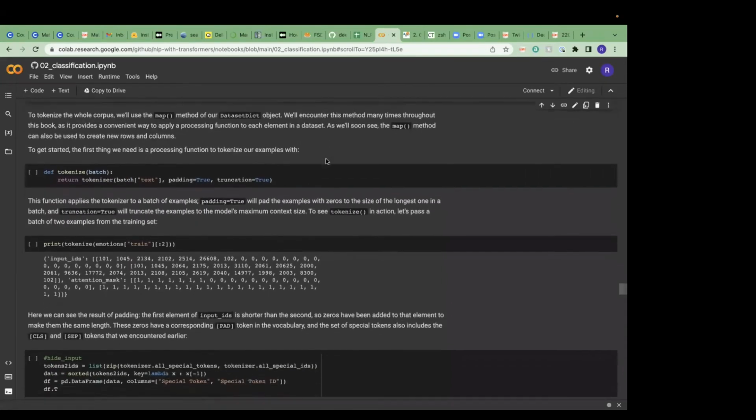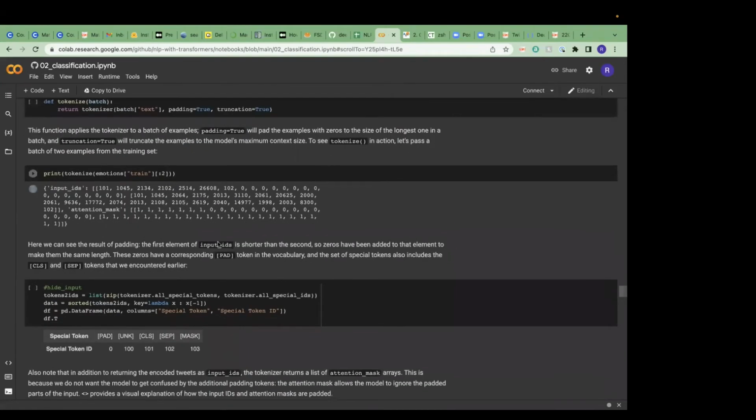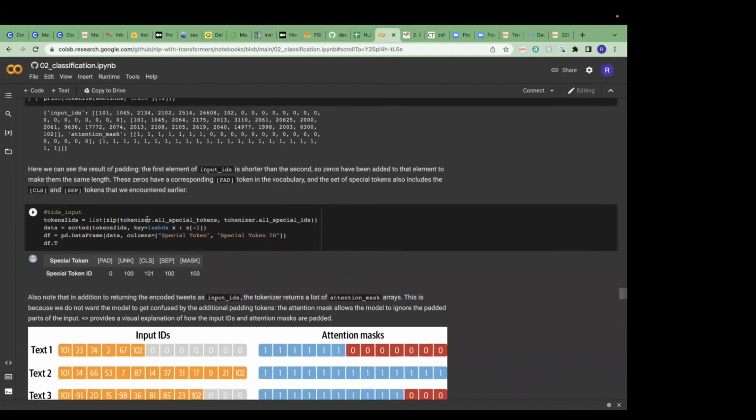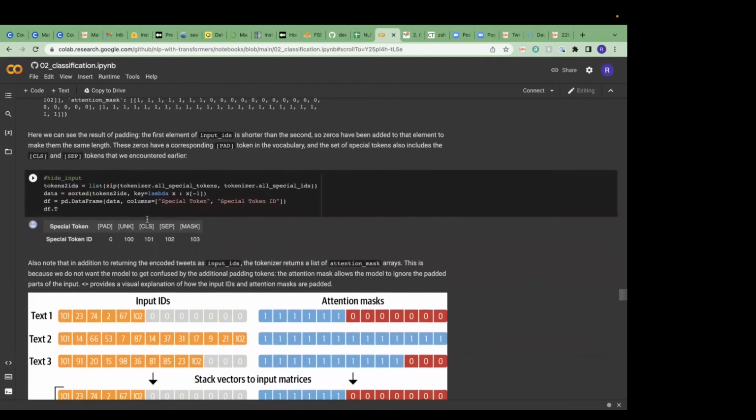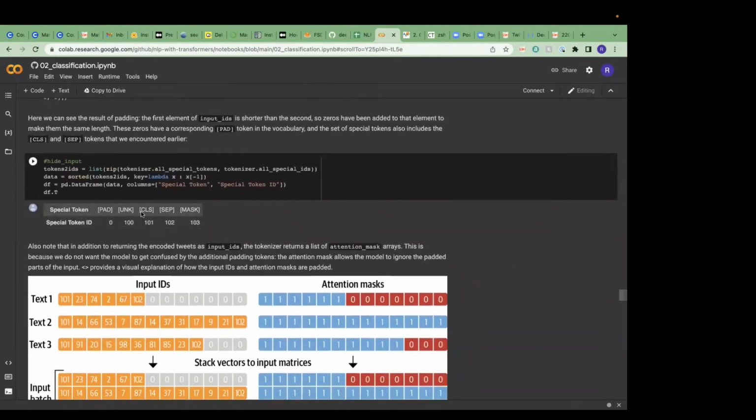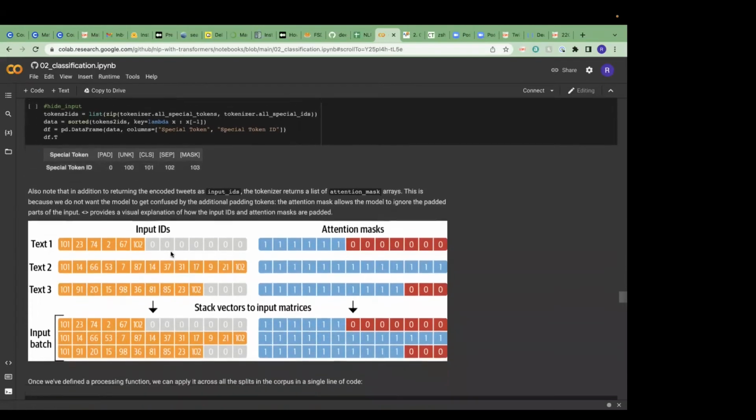Shall we go on? Yeah, so basically they're tokenizing the whole data set, making it uniform length, and converting it into a tensor. And then they also have special tokens, as mentioned before.